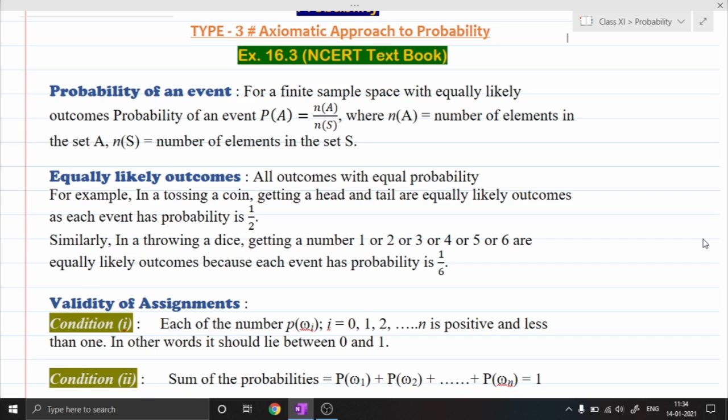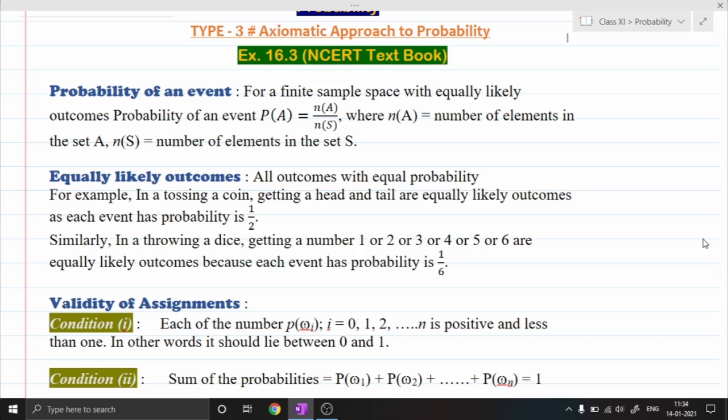Now, what are equally likely outcomes? See the definition: all outcomes with equal probability. Under an event, whatever outcomes are coming, if all the outcomes have the same probability, we call them equally likely outcomes. For example, suppose we toss a coin.